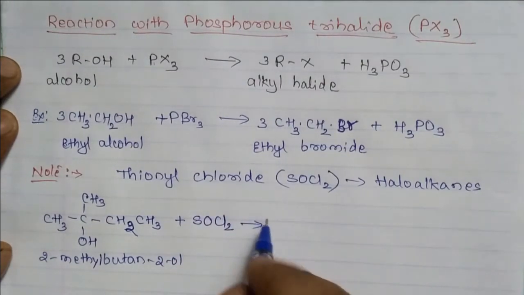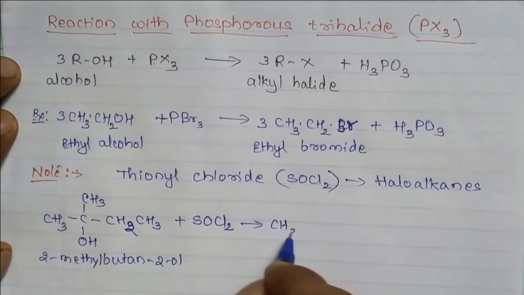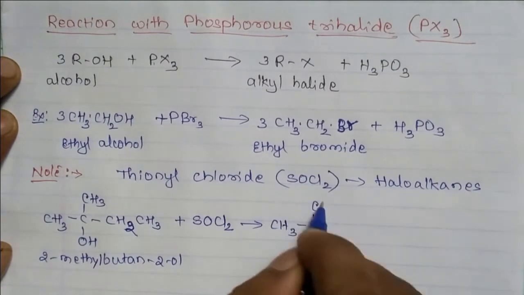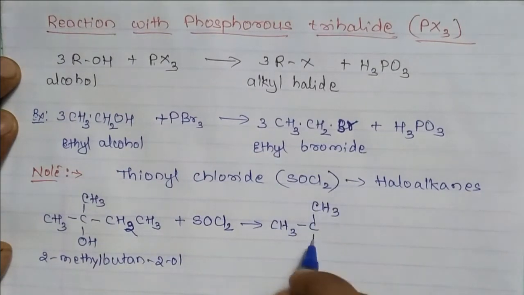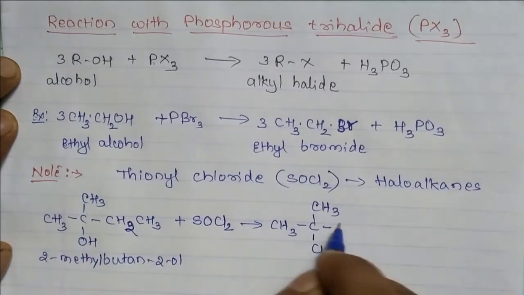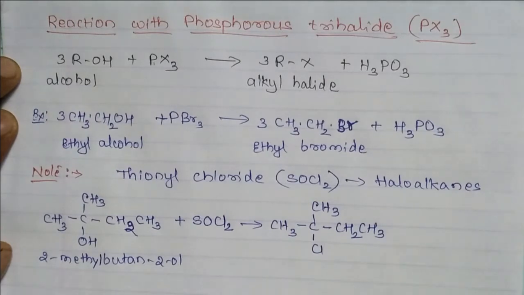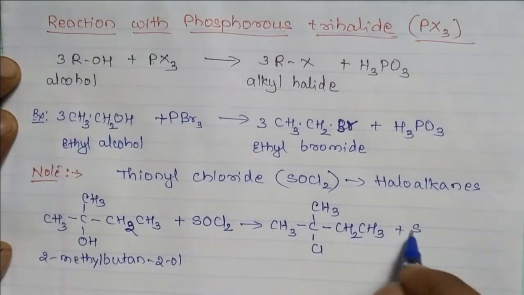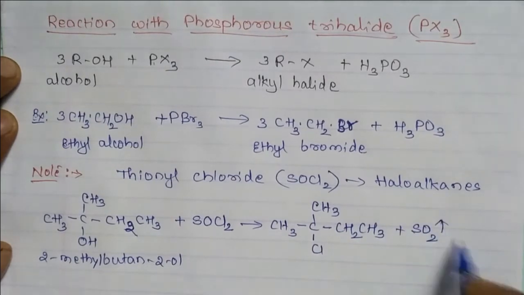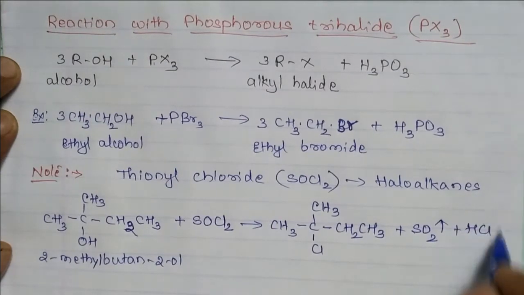We get CH3, CH3, Cl, CH2, CH3, that is, 2-chloro-2-methylbutane, plus SO2 plus HCl.